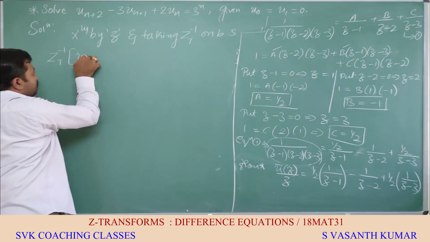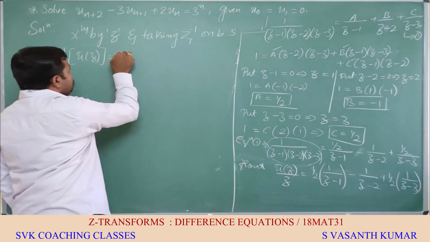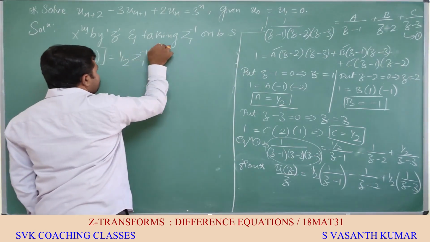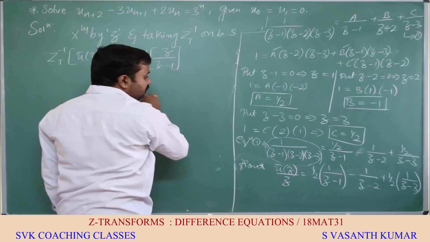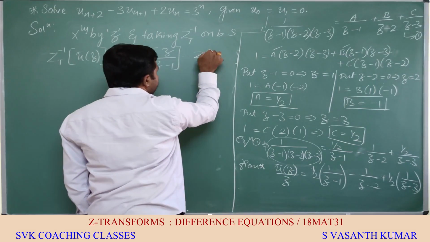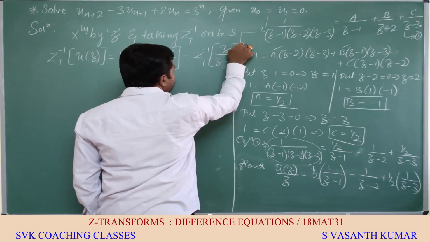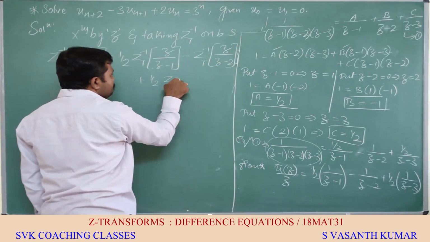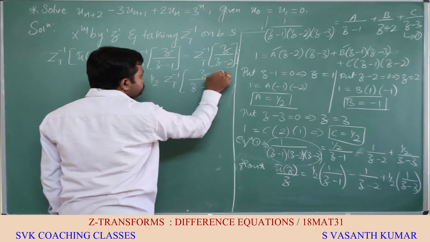ZT inverse of U bar of z is equal to, applying the linearity property, 1 by 2 times ZT inverse of z by z minus 1 minus ZT inverse of z by z minus 2 plus 1 by 2 times ZT inverse of z by z minus 3.